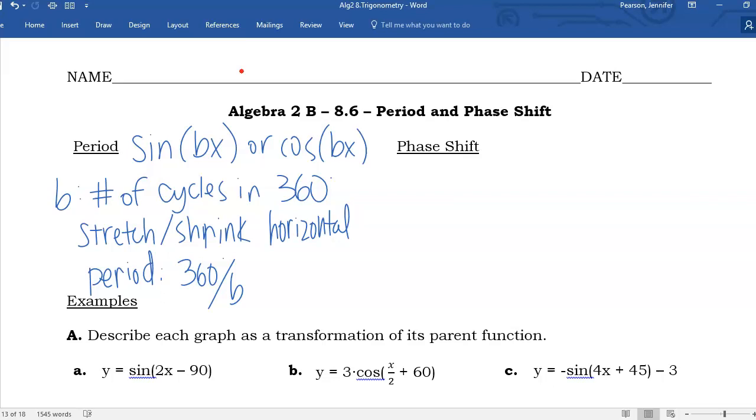Phase shift. The parameter here, whether it's sine or cosine, is a number that gets added to or subtracted from the variable in the function. Phase shift is going to do a horizontal translation.